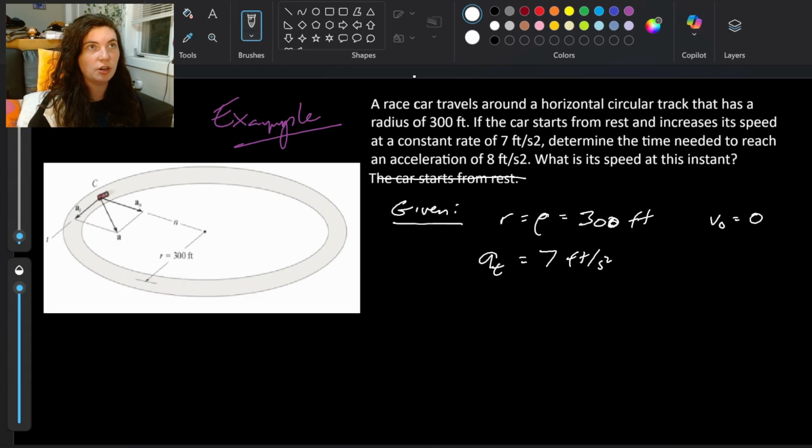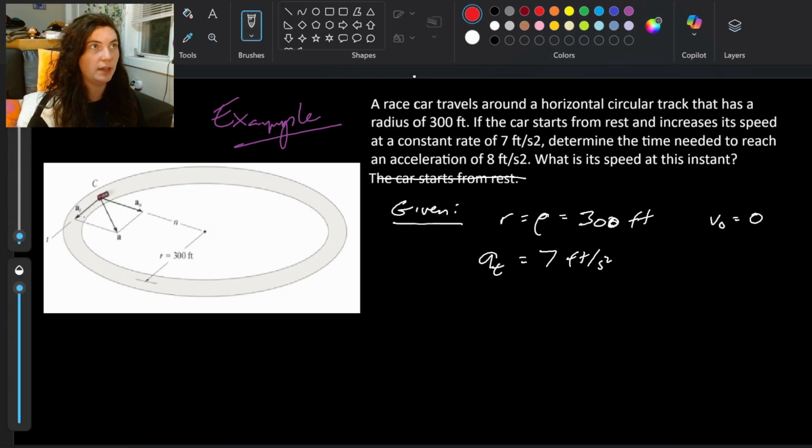And we want to determine the time needed to reach an acceleration of 8 feet per second squared. I know you might be like, well, what do you mean we have this acceleration? It's constant. How are we getting to an acceleration of 8 feet per second squared? But remember, in a tangential and normal system, we have the two different directions that we're going to be in, right?